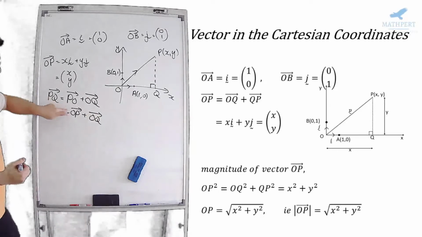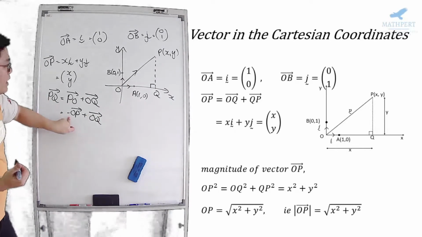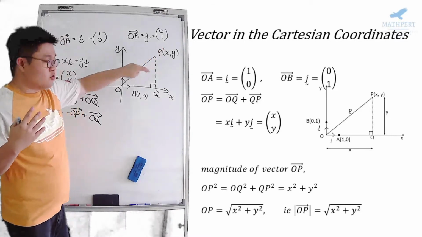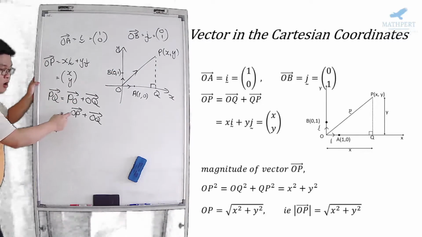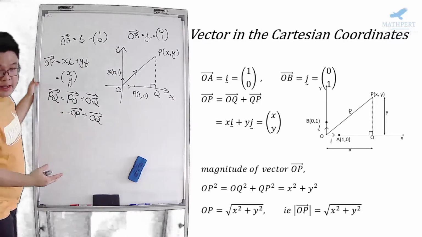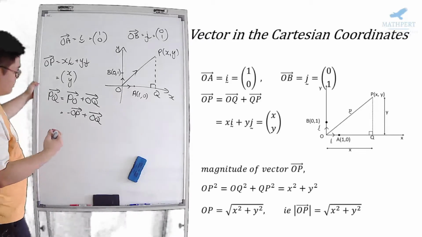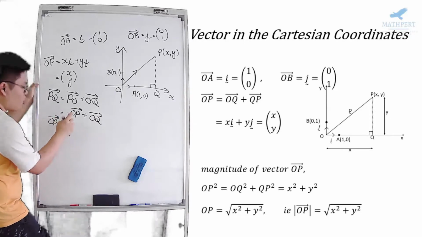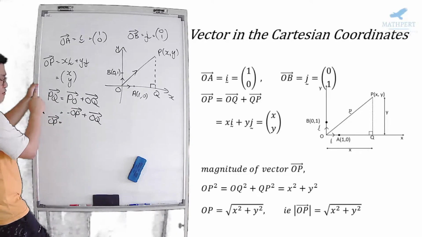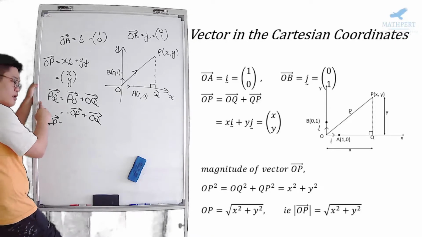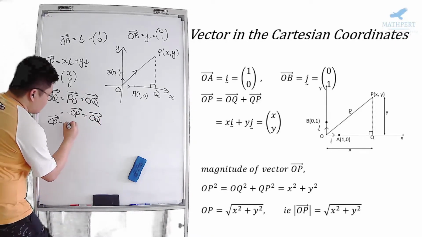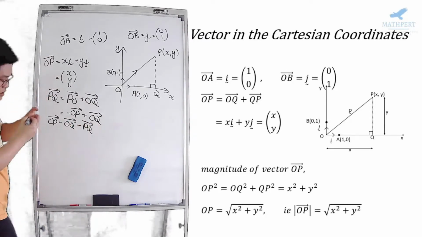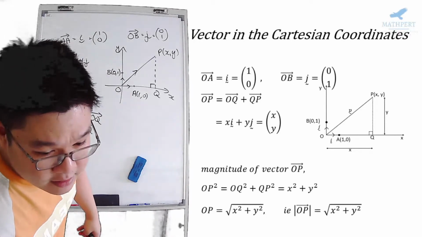Why do we need to change this PO to OP? It is because we are given OP in the questions. So PO is equal to negative OP. And then we rearrange everything. We move OP from the right hand side to the left hand side, and take PQ from the left hand side to the right hand side. So we will get OQ minus PQ. So this is how we get this.